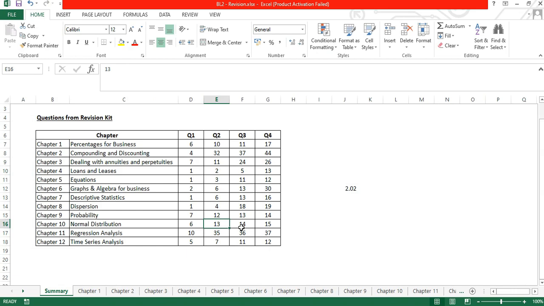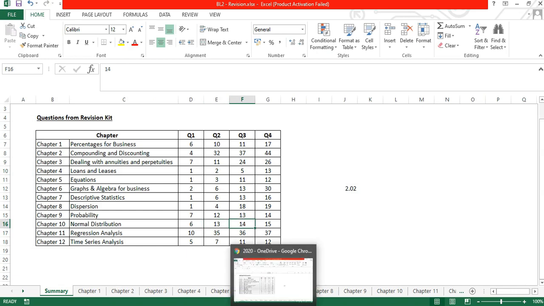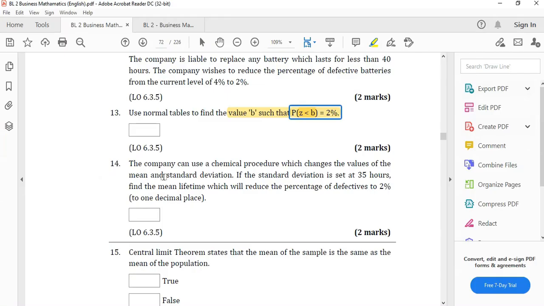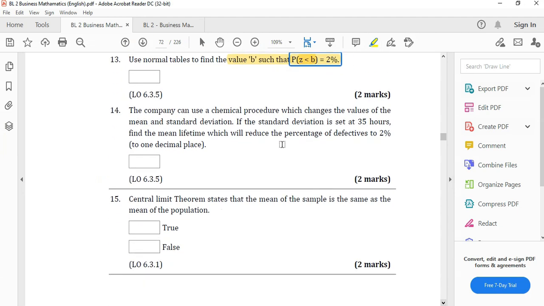Alright, next let's go to question number 14 and then 15. So the 14th question says, a company can use a chemical procedure which changes the values of the mean and the standard deviation. If the standard deviation is set at 35 hours, find the mean lifetime which will reduce the percentage of defectives to 2%.